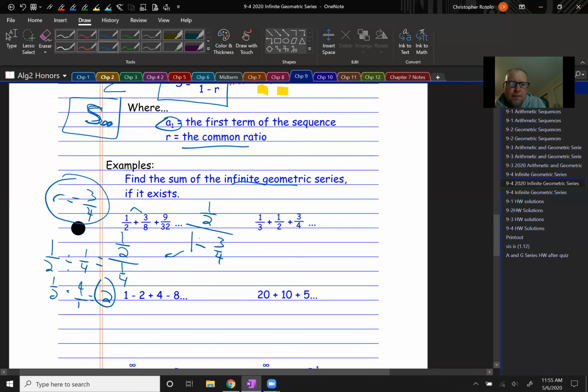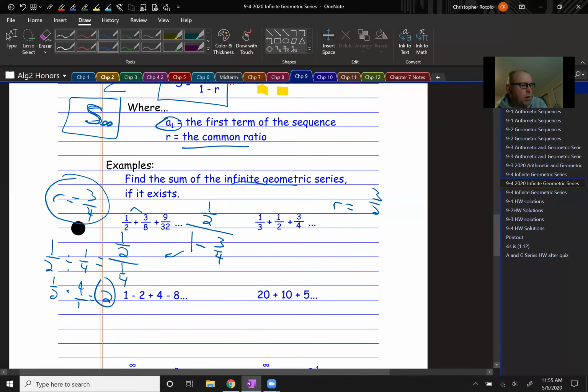All right, next one we have is how am I getting 1/3 to turn into 1/2? Well, r happens to be 3 over 2. Right, 1 times 3 would give me 3. 3 times 2 would give me 6, so it becomes 1/2, so 3/6.